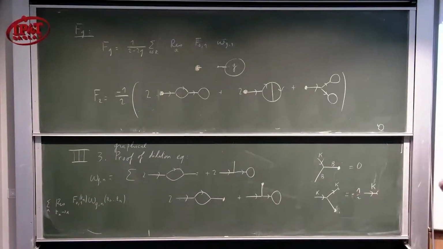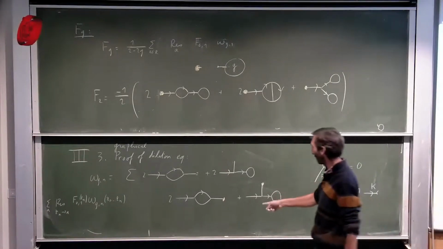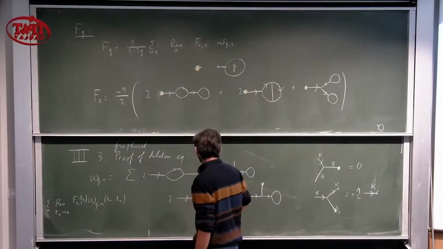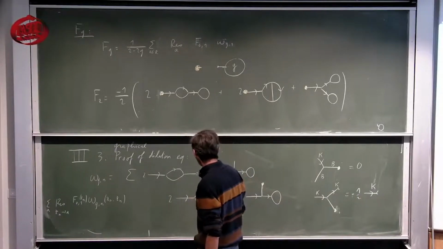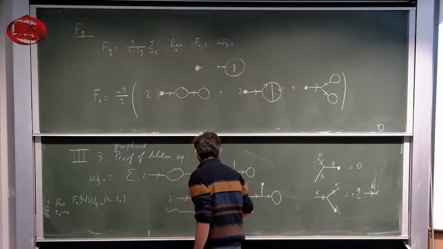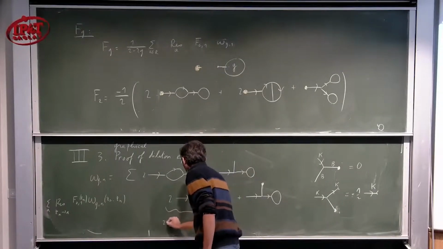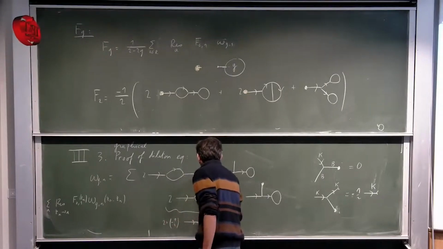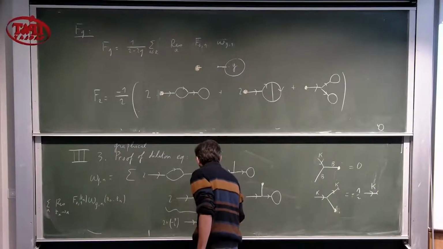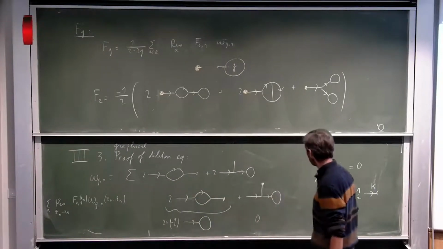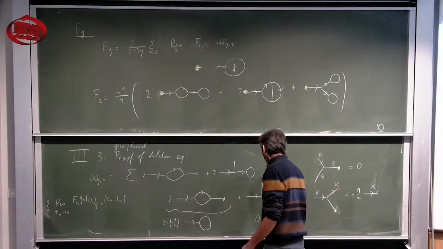And if you do that, you see in this example that when you contract the leg here, you will get -1 of. So you get 2 times -1 of, and you just contract that leg, so you get this one. And here you get 0. No, sorry, this is the opposite.